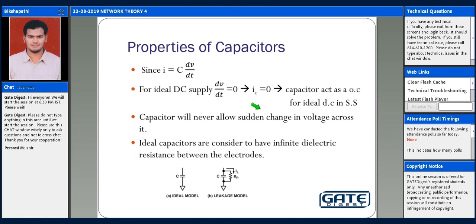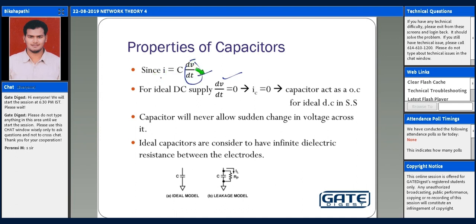Now see the capacitor. The inductor will not allow a sudden change of current, and the capacitor will not allow a sudden change of voltage, because I equals C into dV by dt.